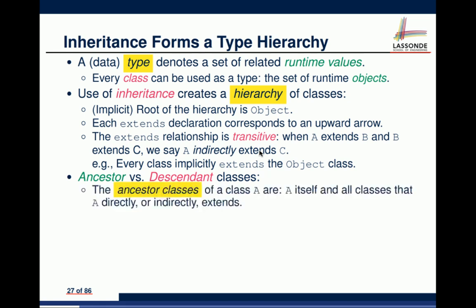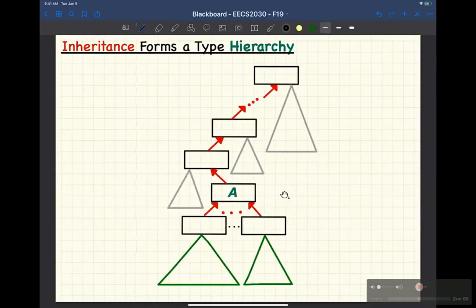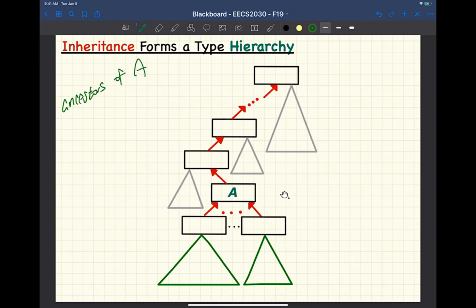So now let's say we talk about a particular class called A. What would be the ancestors? First of all, A itself is its own ancestor, and all its parents, their parents' parents, all the way to the top. Look at this a little bit like a tree over here. That can be as complicated as things might go, okay? Ancestors of A, I'm going to use green to show you.